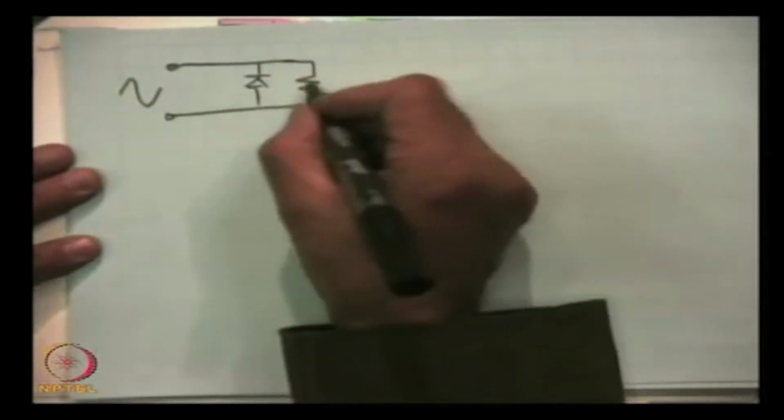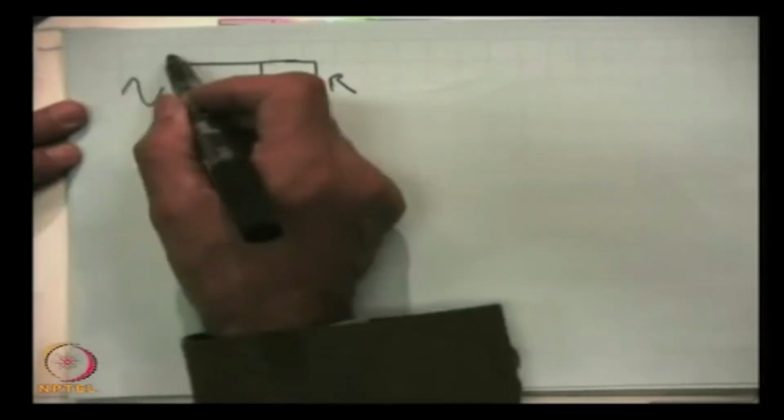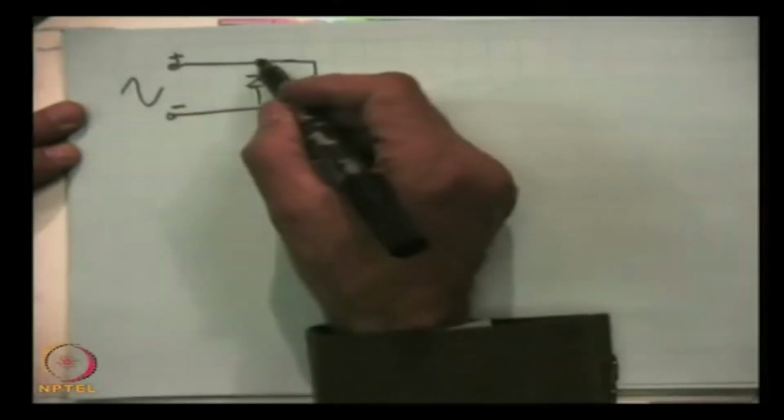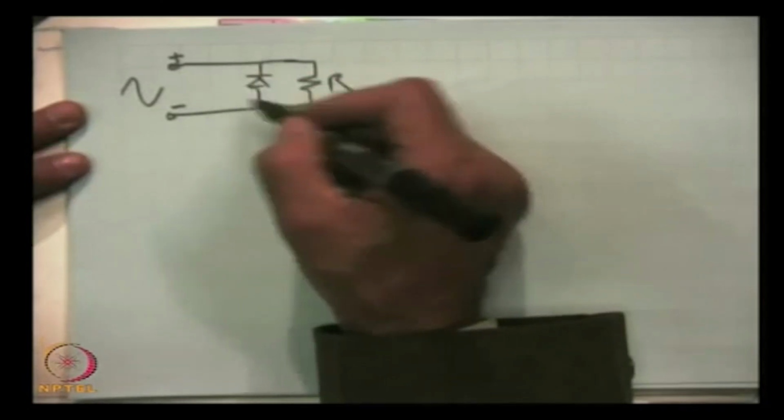They are very widely used. This is R. Now, for the upper half, this will be plus, this will be minus, and the diode will be reverse biased, it will not conduct.